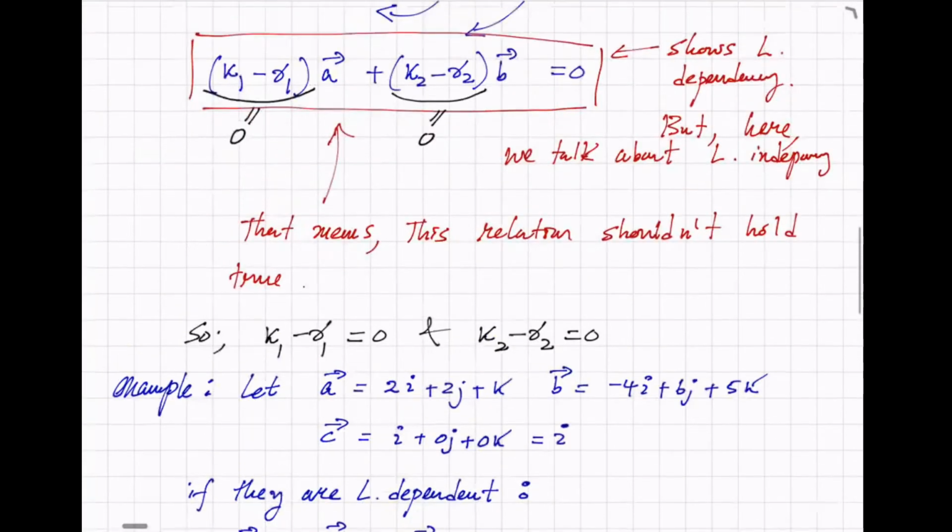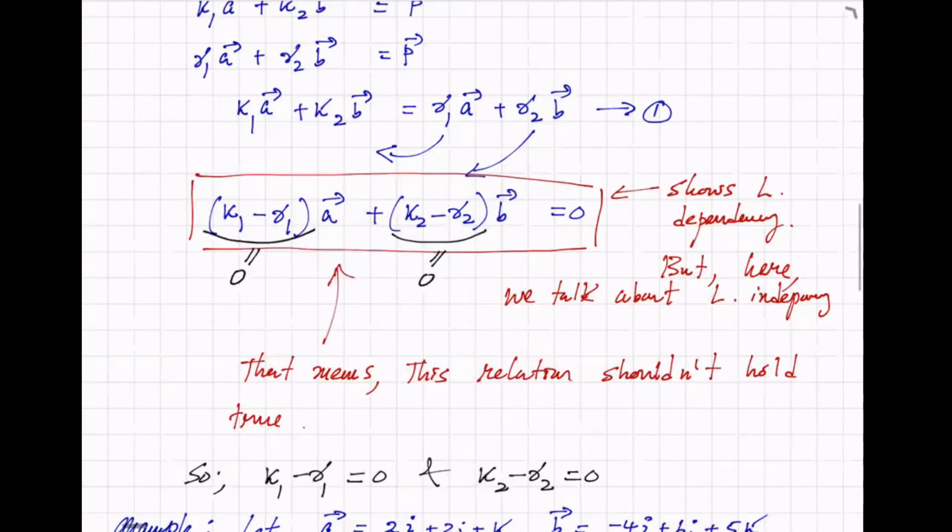See, in this example also, in this theory, you can see k1 minus alpha 1 can be considered to be one constant. K2 minus gamma 2 can be considered to be another constant. So if they are linearly independent, the coefficients individually go to 0.